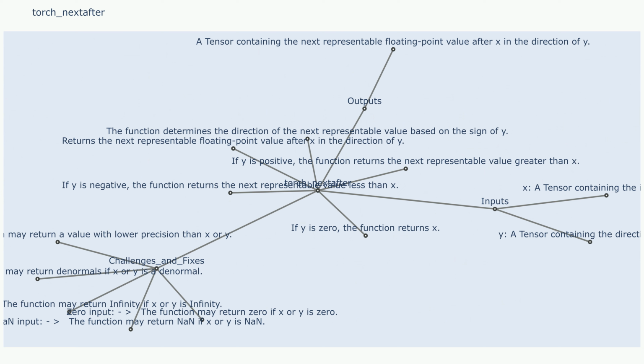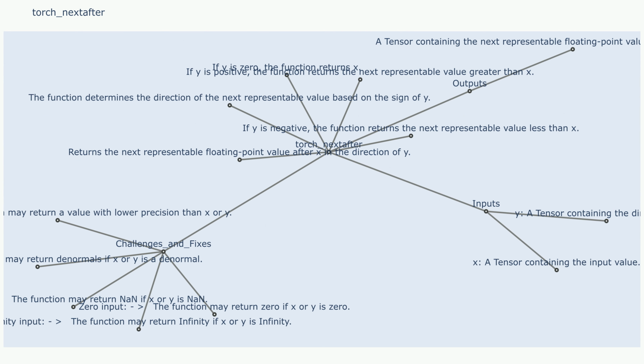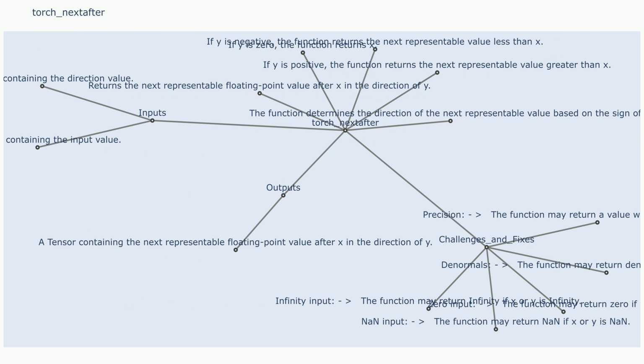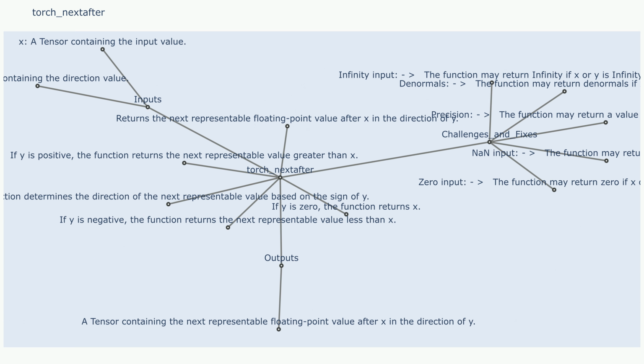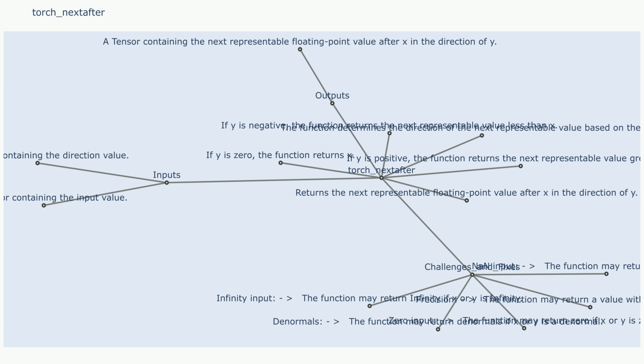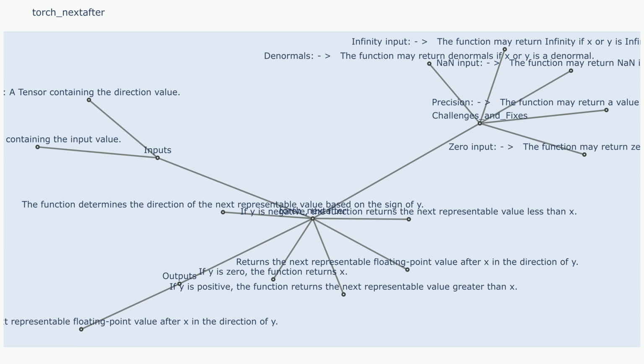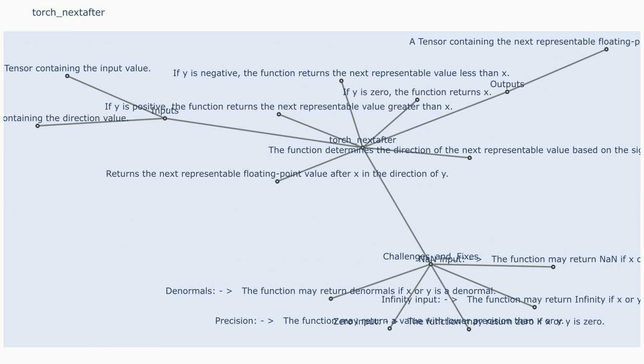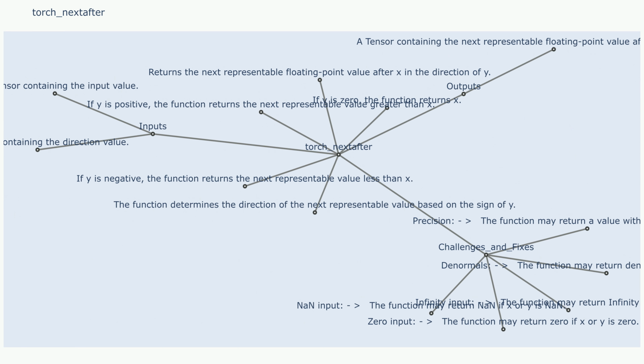Input 2: y, the direction in which the next representable floating point number should be found. This should also be a floating point tensor. It determines whether the returned value should be greater if y is greater than x, or smaller if y is smaller than x. Outputs. Output 1: the next representable floating point number after x in the direction of y.